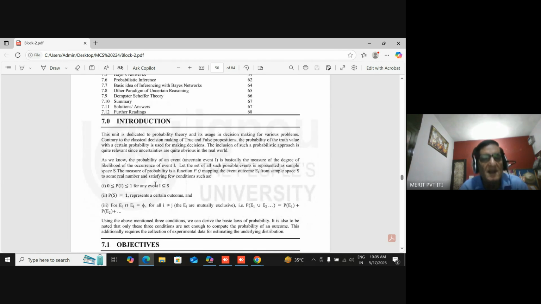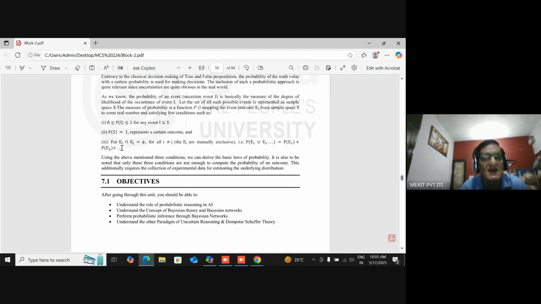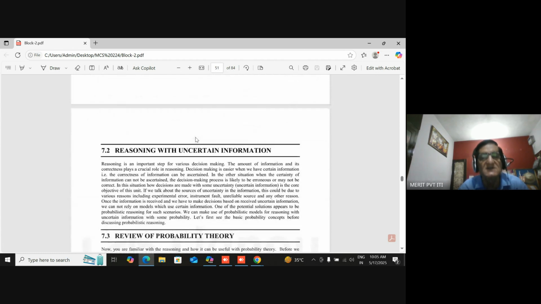Probability is between 0 and 1, between true and false. Objective: reasoning with uncertain information, because AI doesn't talk about perfection.